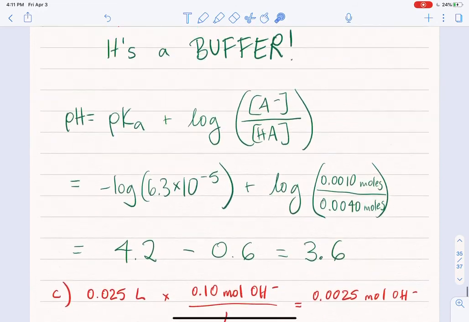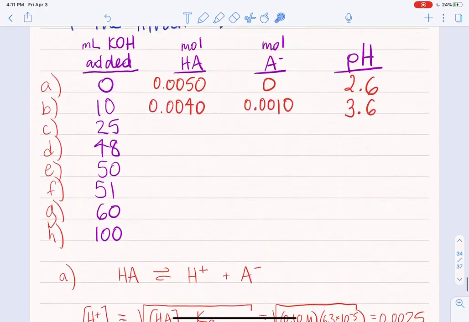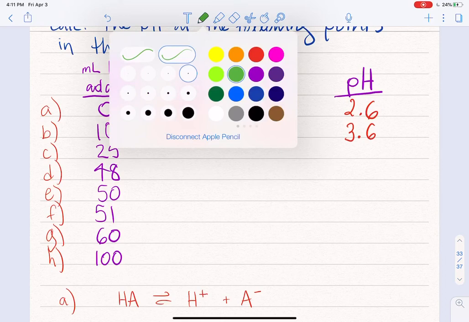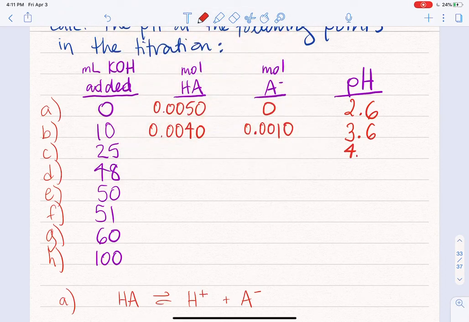So I'm going to go up here and put that data into the chart that I'm maintaining. So I have a pH of 4.2. The number of moles of benzoic acid is equal to the number of moles of its conjugate base. And again, that is a characteristic of what we call half equivalence. Okay, so I'm just abbreviating that there.